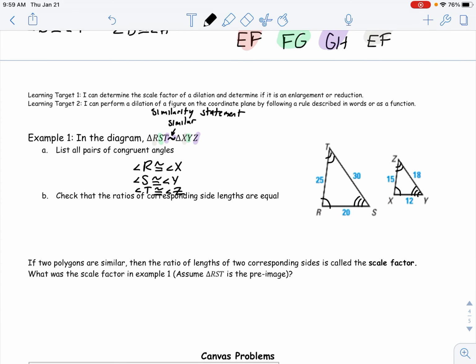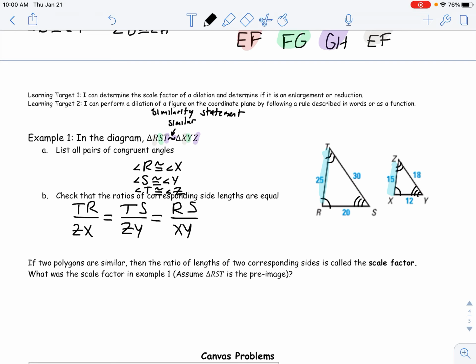Check that the ratio of corresponding side lengths are equal. So this is kind of like what we were doing above, like TR divided by ZX. Let's just write this out again. Then TS divided by ZY. I'm just matching up corresponding side lengths and dividing RS and XY.